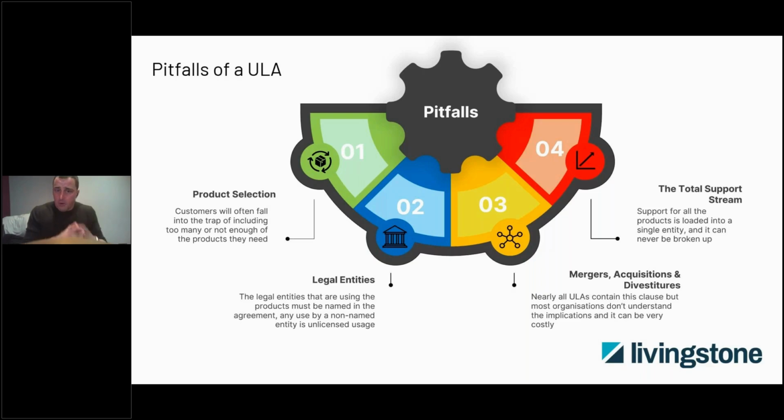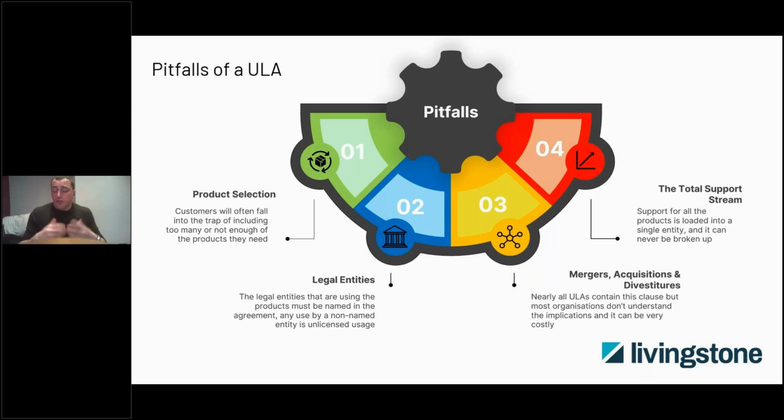And so it's very important that when you initially enter into a EULA, you do the relevant checks to ensure that any parent companies, sister companies, child companies, or any corporate structures that may be deemed separate legal entities are named or covered in the terminology within that contract to ensure that they're covered.